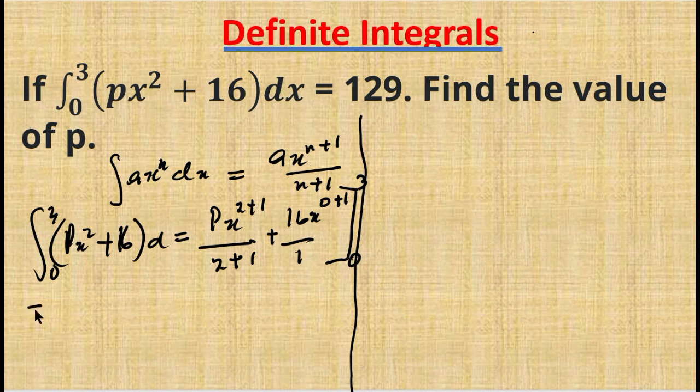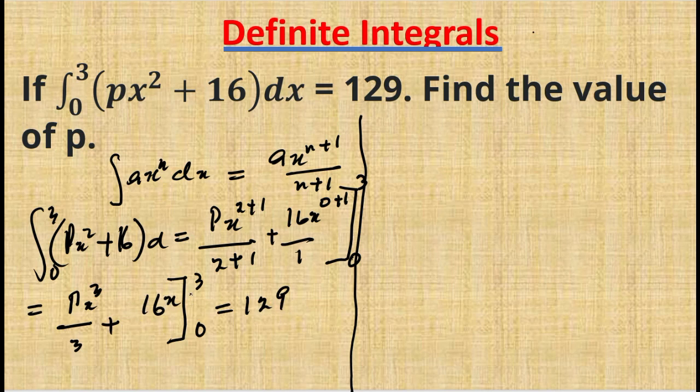So this is the same thing as writing px raised to power 3 over 3 plus 16x bounded between 3 and 0 is equal to 129.